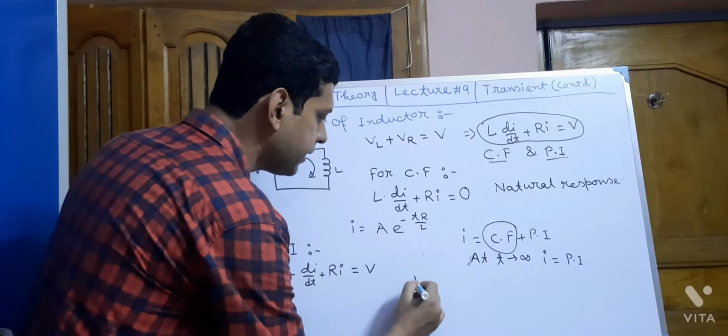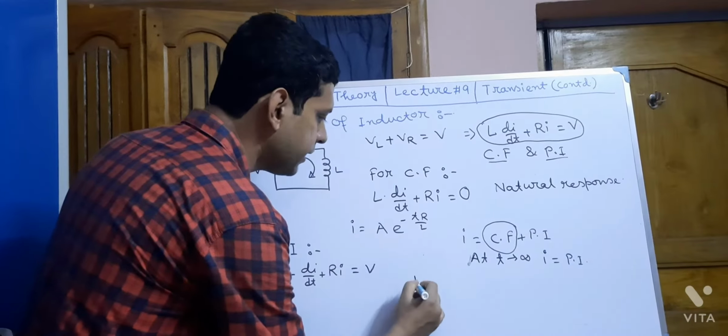Say the inductor was initially relaxed, so I0 equal to 0. Put t equal to 0 here. Then the right hand side will be V by R plus A, and this is equal to I0.